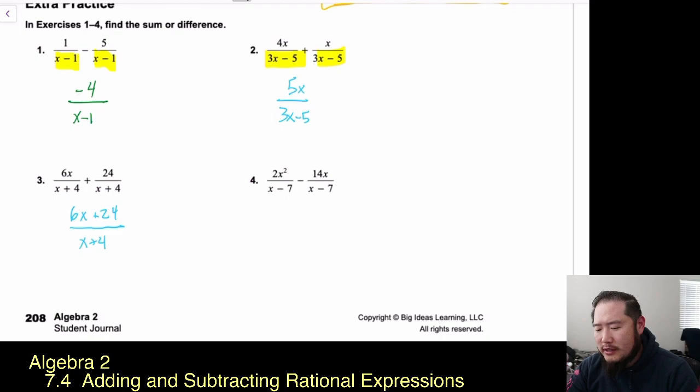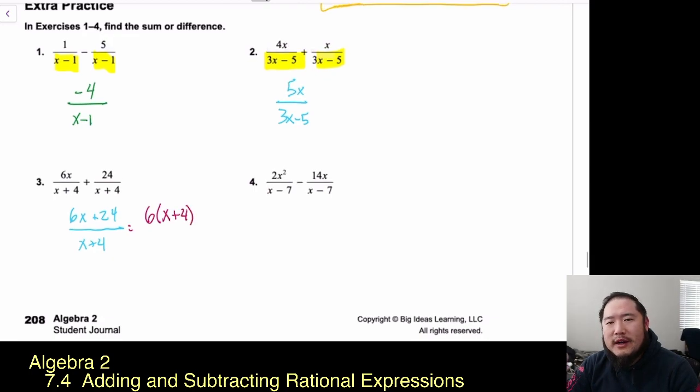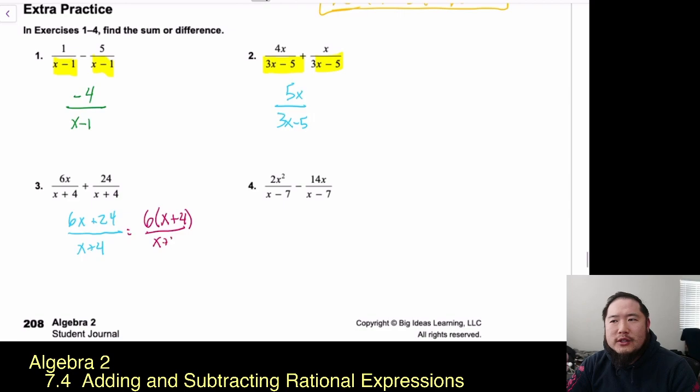I could factor out a 6, and I have x plus 4 in my numerator, all over x plus 4. Well, guess what? That x plus 4 can cancel out. And so in the end, what I'm left with is equal to 6. And that would be my answer.